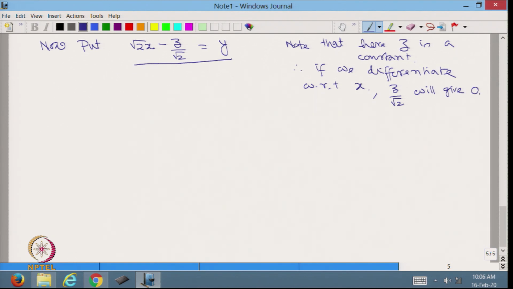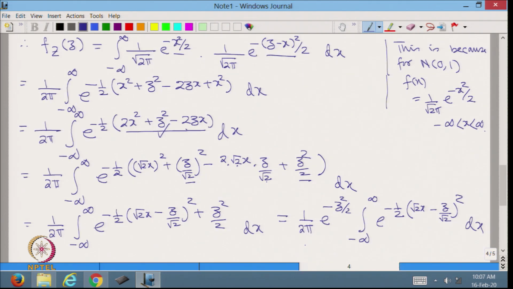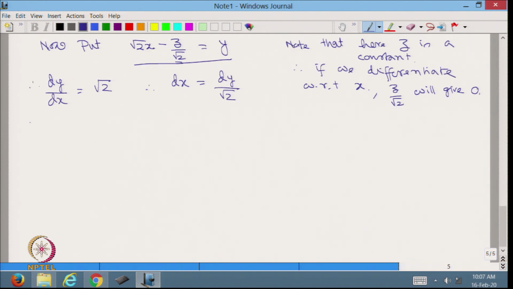So, for this change of variable, we can see that dy by dx is equal to root 2, as this term gives me 0. Therefore, dx is equal to dy upon root 2. Now, let us go back to this equation and we write it as follows.